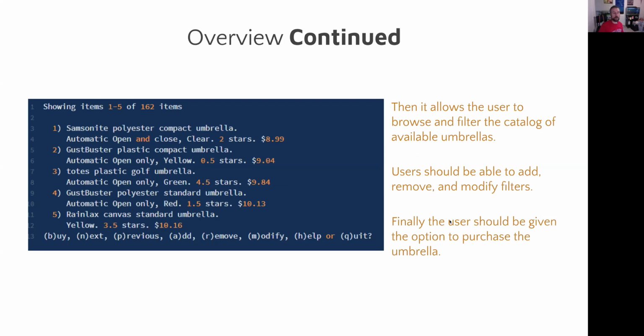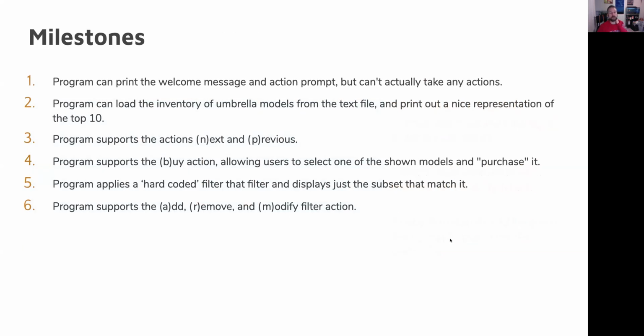And those filters will change the kinds of umbrellas that the user can see. Whether it's automatic or manual open, what color it is, how many stars, like a price range. All right, and finally, the user should be given the option to purchase that particular umbrella.